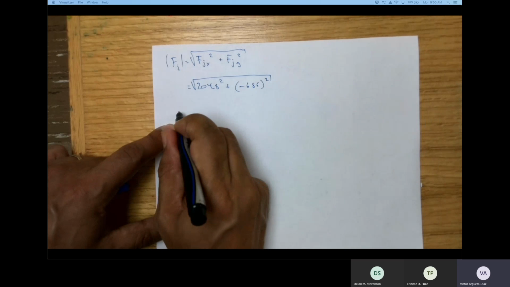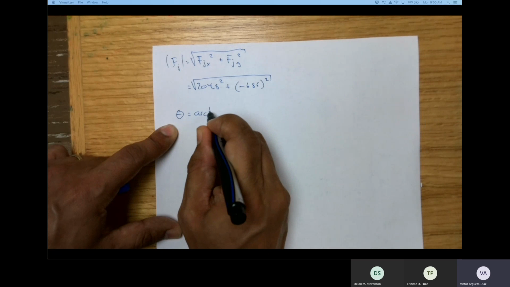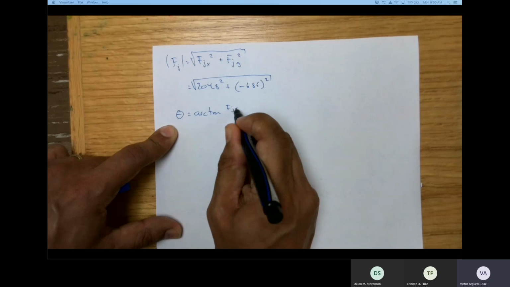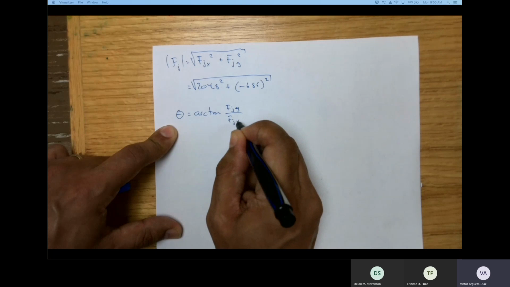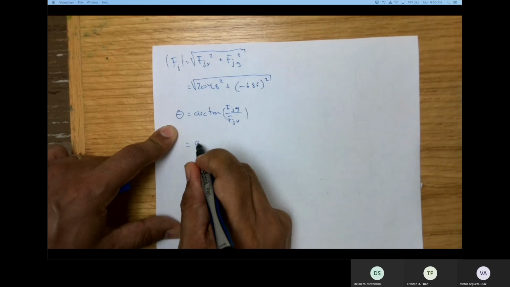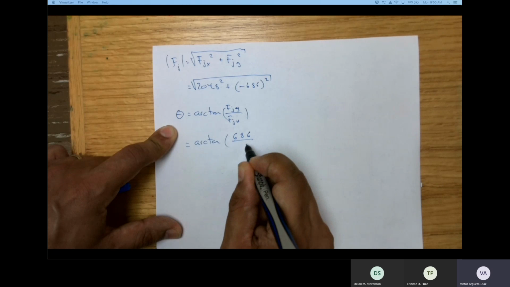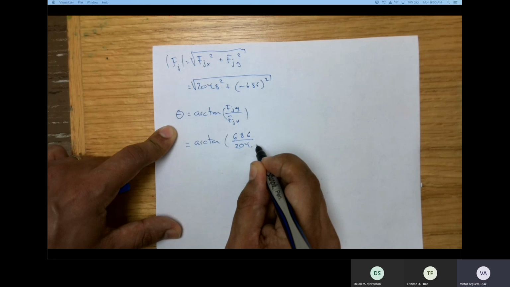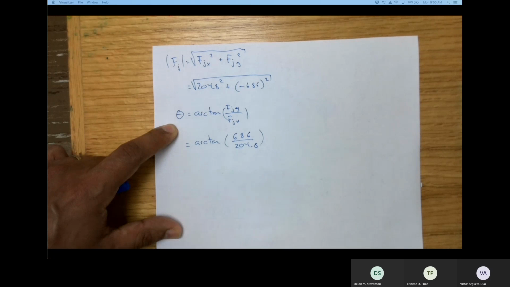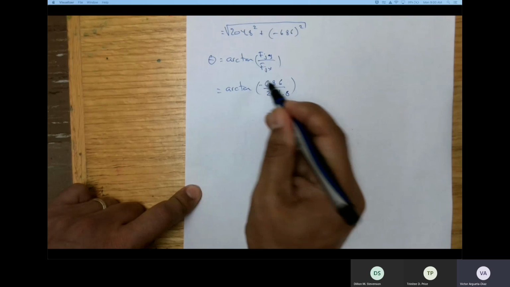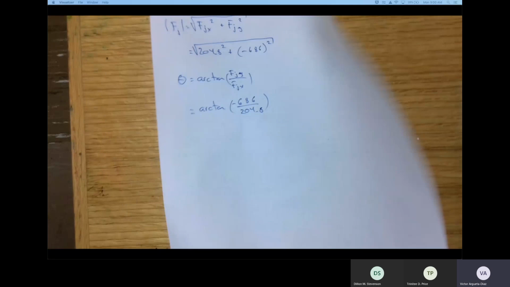Gotcha. And the angle is the arctangent of the y component over the x component. Thank you. Is it making sense?